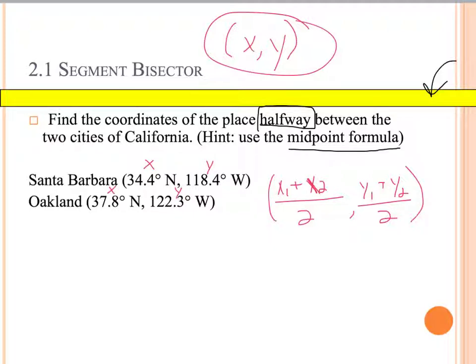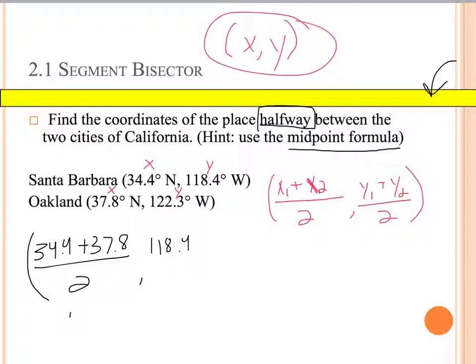Add our X values together, our X values being 34.4 plus 37.8, dividing by 2. 34.4 came from Santa Barbara, 37.8 came from Oakland. Then we have our Y values, 118.4 plus 122.3, all over 2.